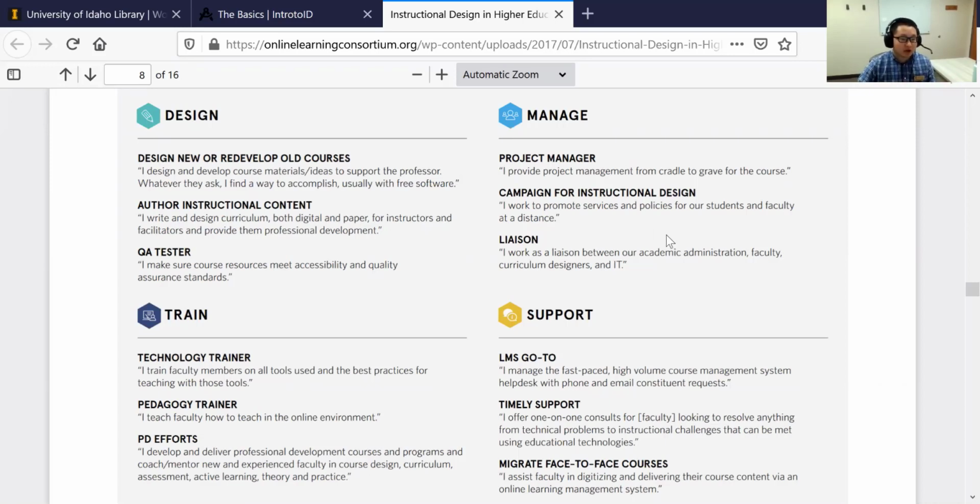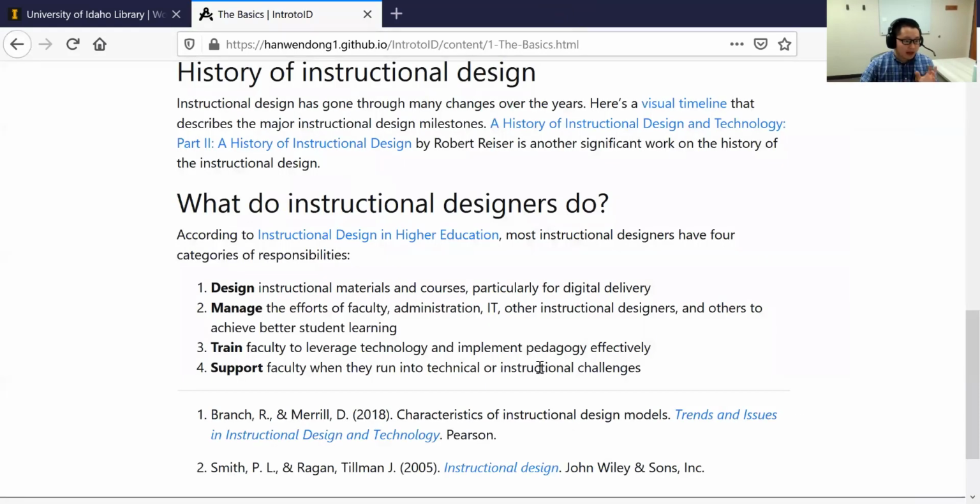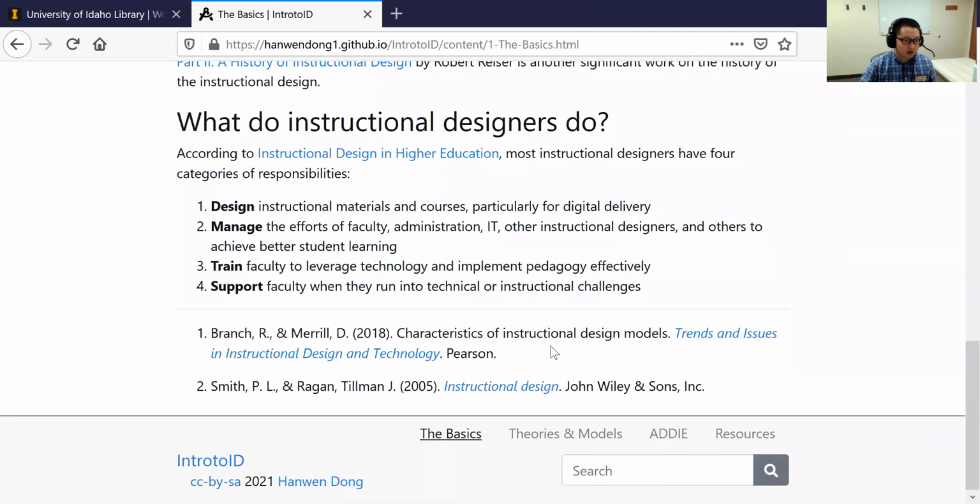They campaign for instructional design, advocating the value that we can bring to the students and faculty. They also work as the liaison between the different groups on campus. They support face-to-face classes as well as online classes. So that's all the basics for instructional design.